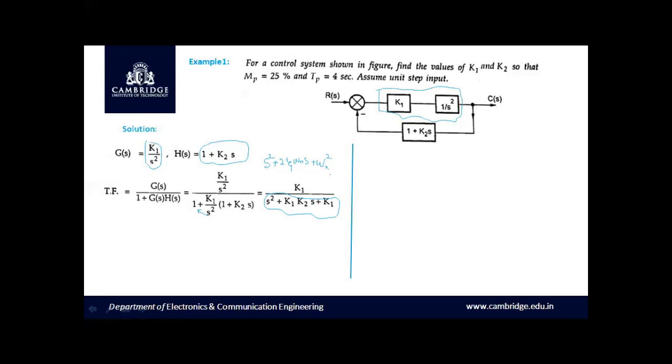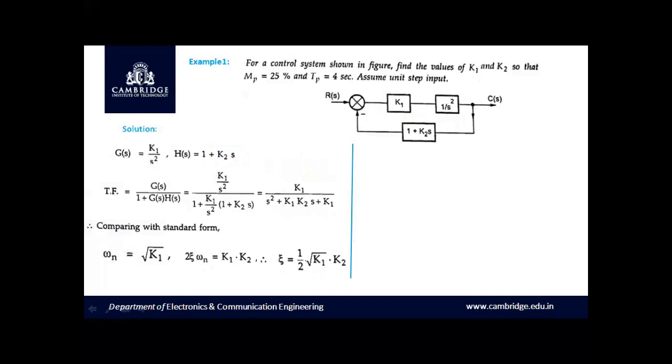From this, it is very clear that omega n square is equal to K1. And if you compare the coefficient of S with respect to the denominator of the transfer function, 2 zeta omega n will be equal to K1 K2. Therefore, once after comparing with the standard form, omega n square is equal to K1. Therefore, omega n will be equal to square root of K1, as well as 2 zeta omega n will be equal to K1 K2.